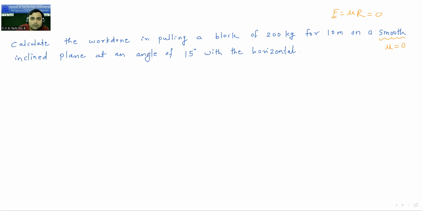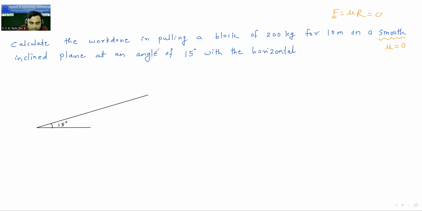So here the plane is inclined at an angle of 15 degree to the horizontal. We will draw the diagram of this. Here this is the inclined plane, which is inclined at an angle of 15 degree. So this angle is given as 15 degree.